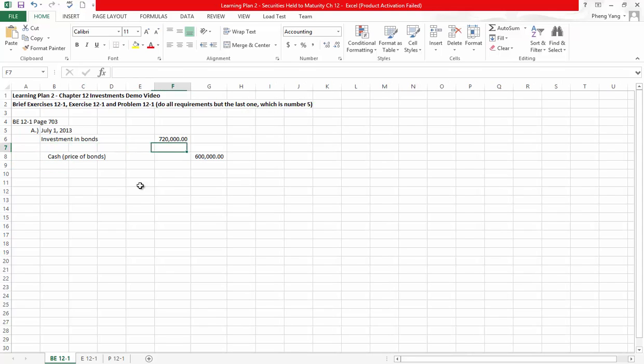So the difference from that $720,000 to the $600,000 is $120,000, which will be our discount on bond investment.